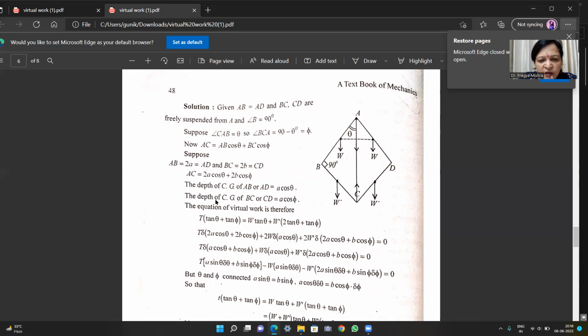इसी टाइप से depth of center of gravity of BC और CD, यहाँ पर ये, there is a mistake here.